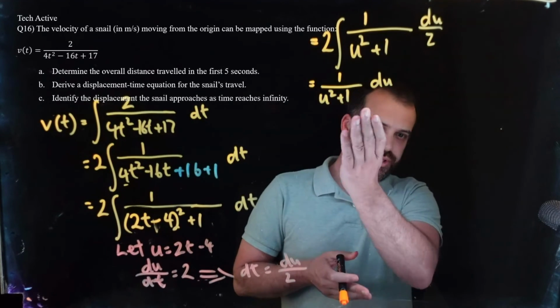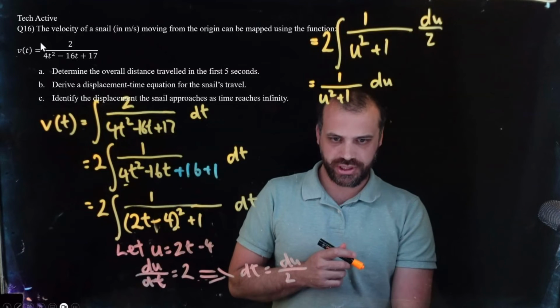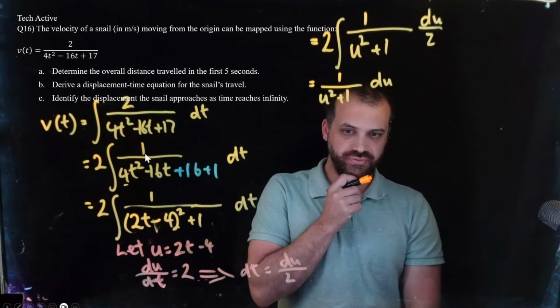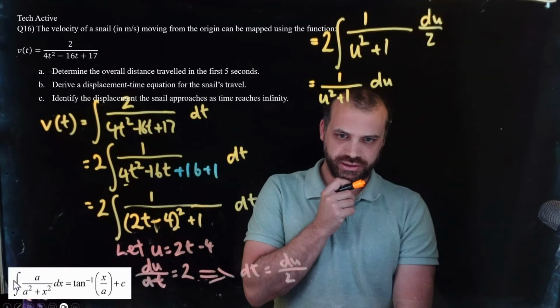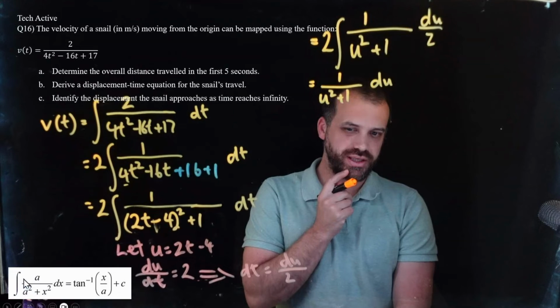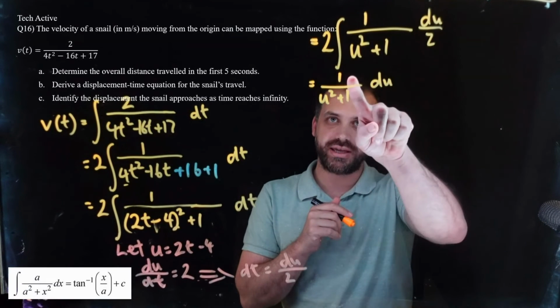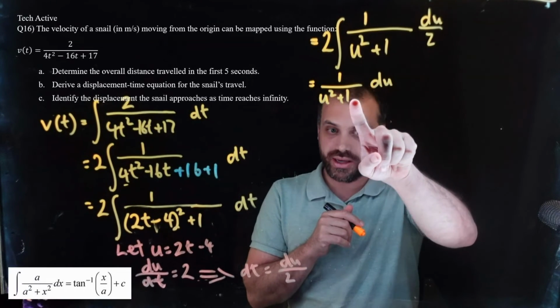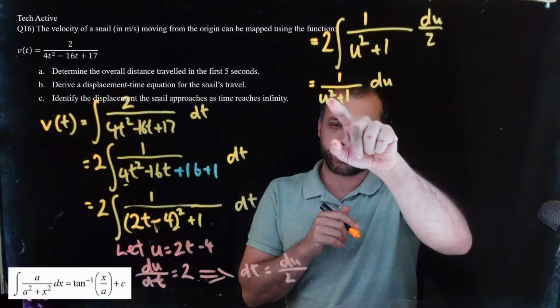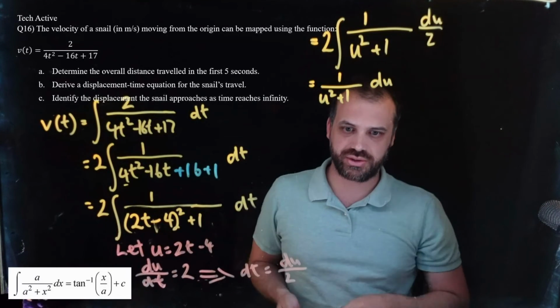So we should rejoice at this because we should be able to look at it and see that it's very much like this formula right here. Now it's just written in a slightly different order. The a is the 1 and the a squared is the 1 here, and this u squared is the x squared.